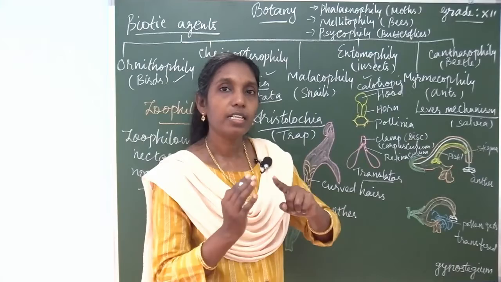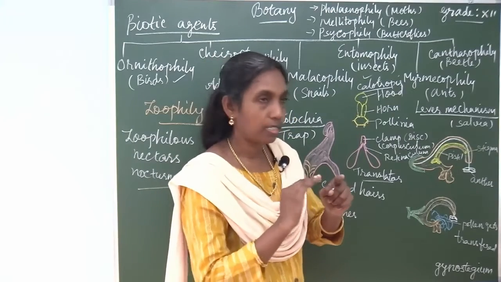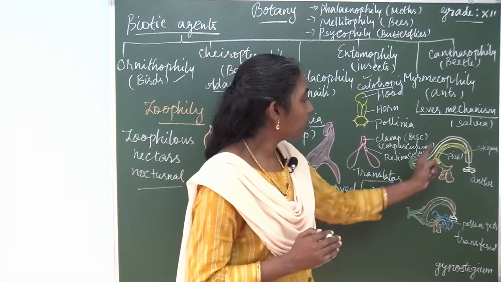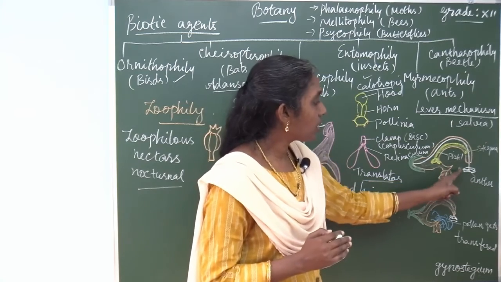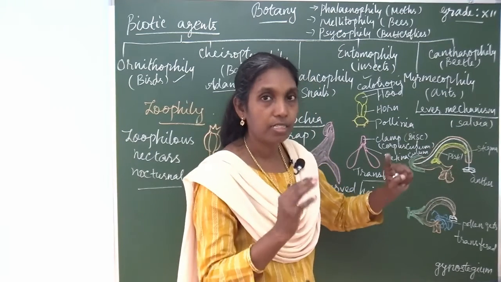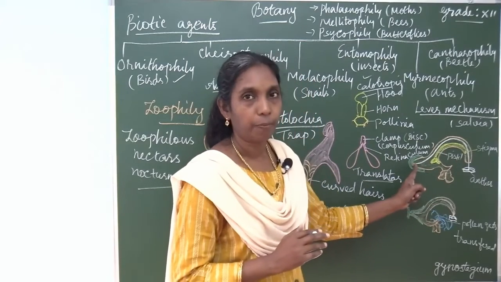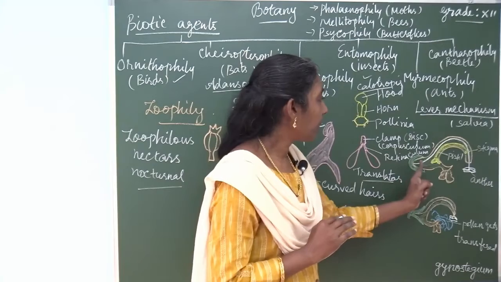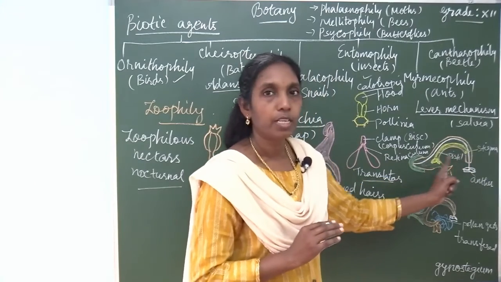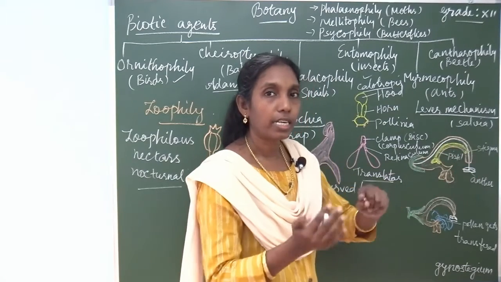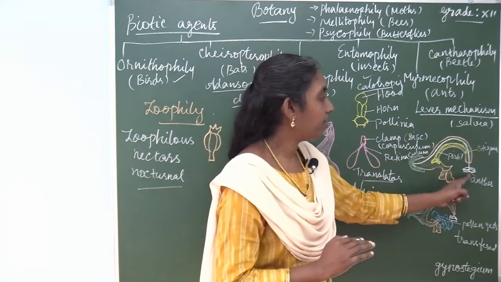The stamen possesses two regions. This region is the anther, which is the fertile region, and this region is the sterile region, and both regions are connected by a long connective. A long connective connects the sterile end and the fertile end.